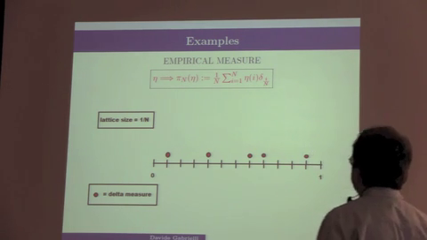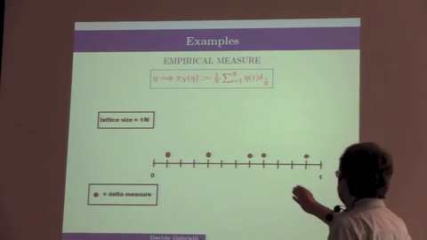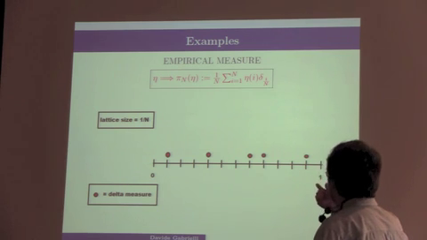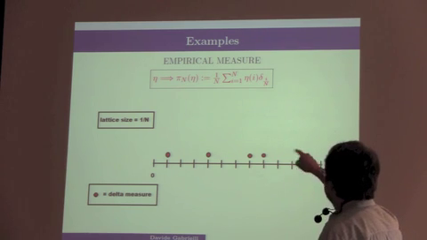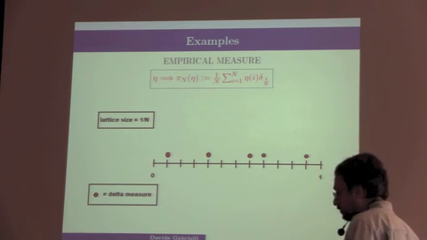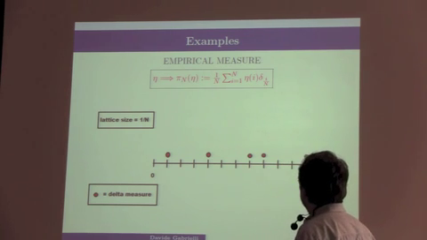So this is the situation. Starting from my configuration of coins, I construct what is called the empirical measure. This is the definition, and this is the picture. You take the interval 0, 1, you consider a lattice of size 1 over n, and you put a delta measure with a mass equal to 1 over n in each position where the coin had a 1, and nothing when you have 0.